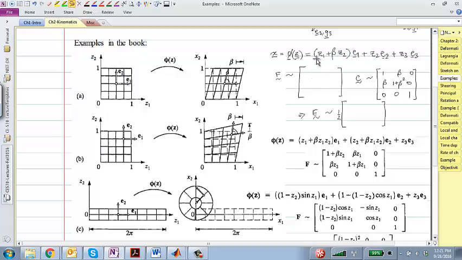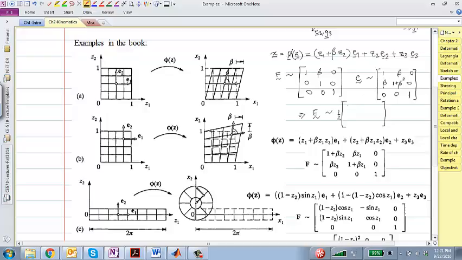F would be what for this map? The first row: partial with Z1, 1; partial with Z2, beta; partial with Z3, 0. Second row: 0, 1, 0. And the third row would be 0, 0, 1. I've already computed F transpose F for the map; that's given C. And what would be E? Half of C minus I, and C minus I is nothing but removing 1 from the diagonals.